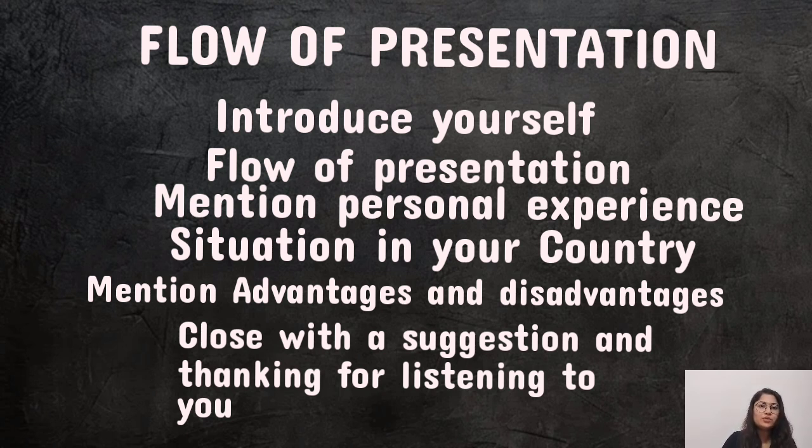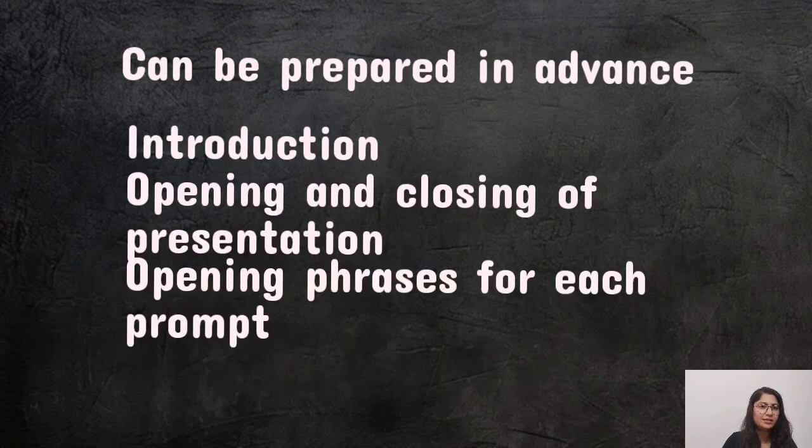Now according to this flow, there are so many things that can be prepared beforehand, like your introduction and the flow in which you're going to talk. You can learn that already. Then you can also learn those short phrases with which you're going to start or which you can use in between.